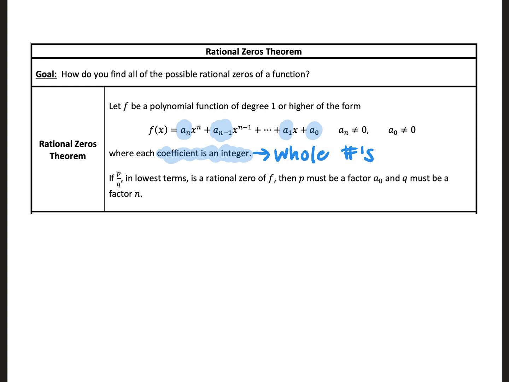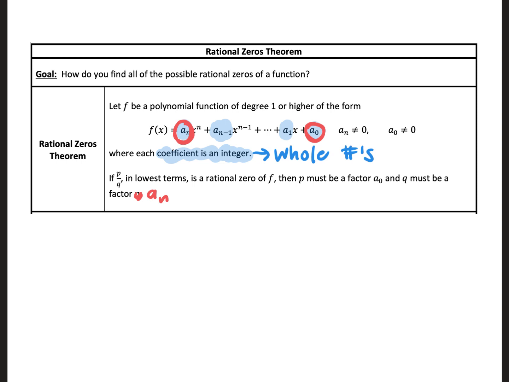Our theorem goes on to state, if p divided by q in lowest terms is a rational zero of f, then p must be a factor of a sub 0, and q must be a factor of, sorry, there's a typo, a sub n. So if I take the factors of my constant term, a sub 0, and divide them by the factors of my leading coefficient, a sub n, it will give us a list of all the possible rational zeros of our function.